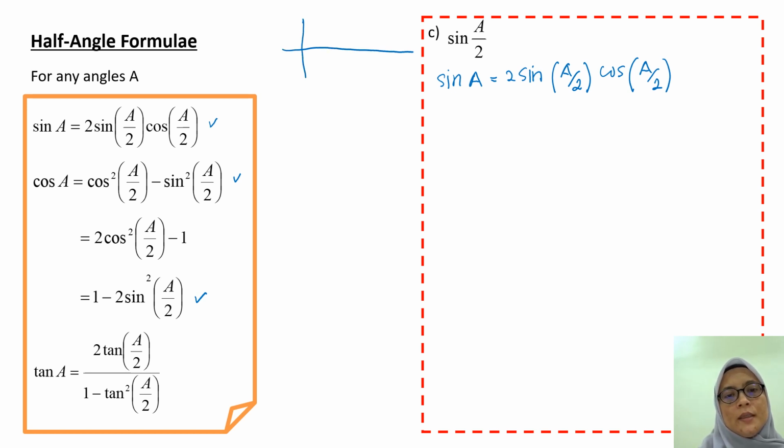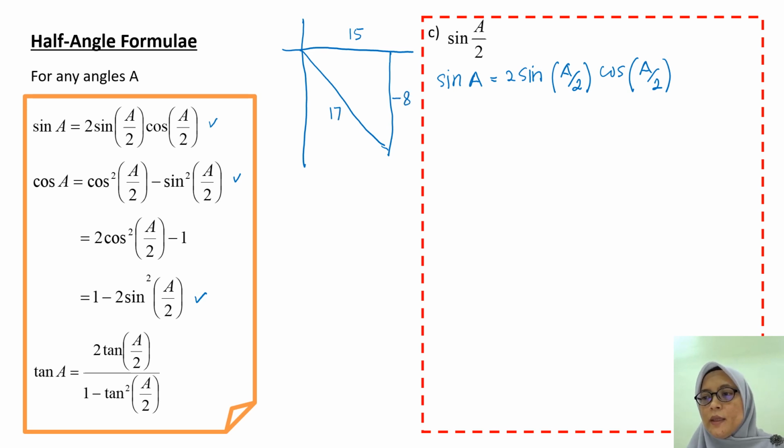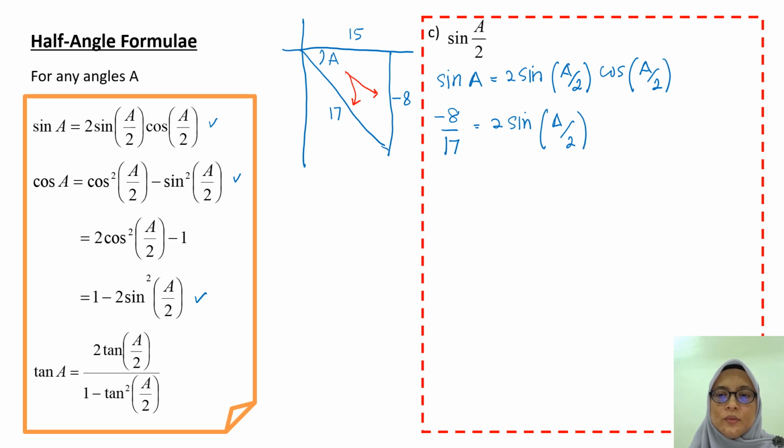So from earlier we already have the diagram. So this is 15, this one is 17, this one is negative 8. This is A. So sin A is opposite over hypotenuse. So it's negative 8 over 17 equals 2 sin A over 2 cos A over 2. Earlier we got negative 4 over square root of 17.